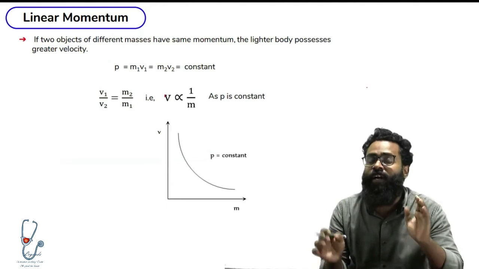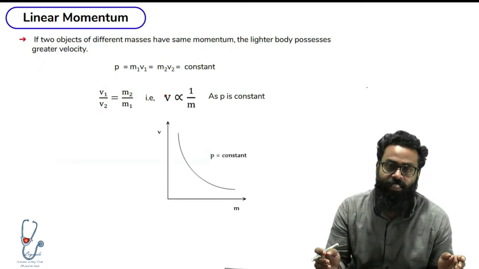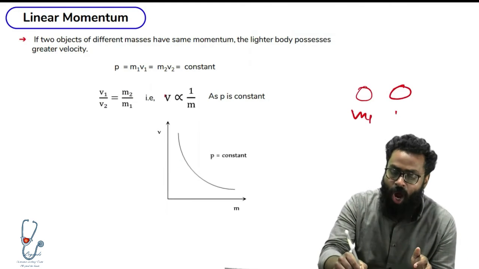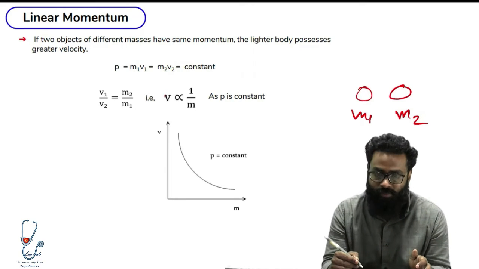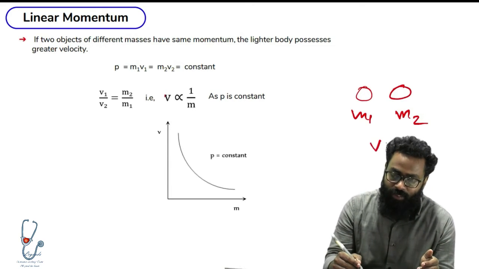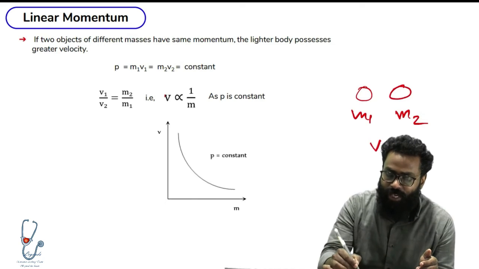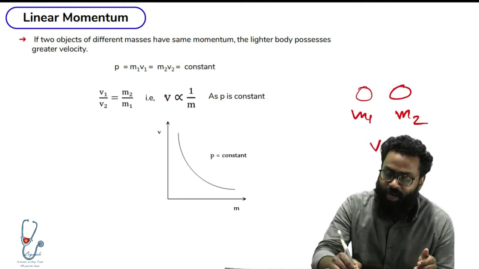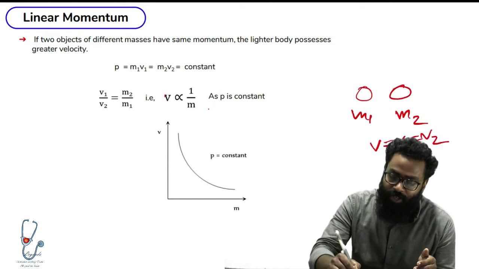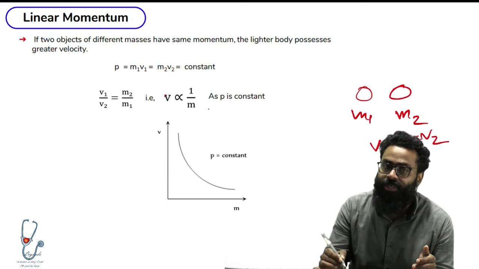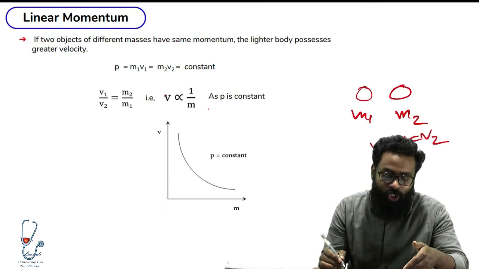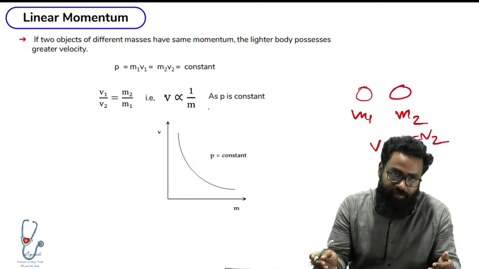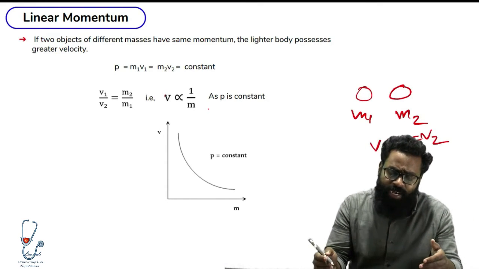The next graph is described for two objects of different masses, m1 and m2, having the same momentum.